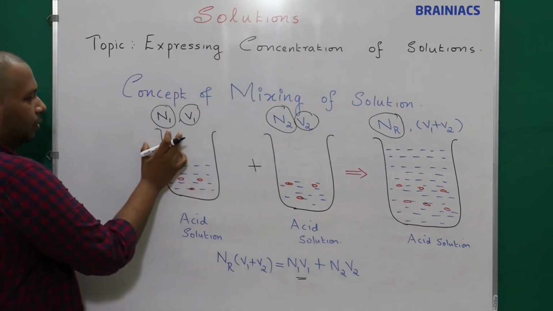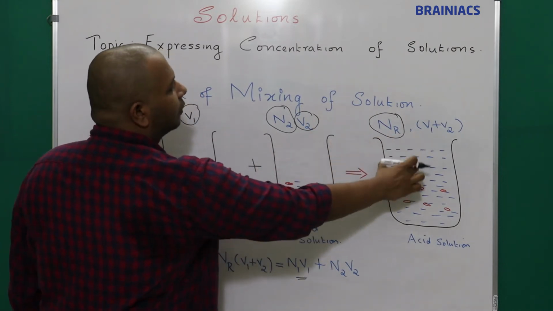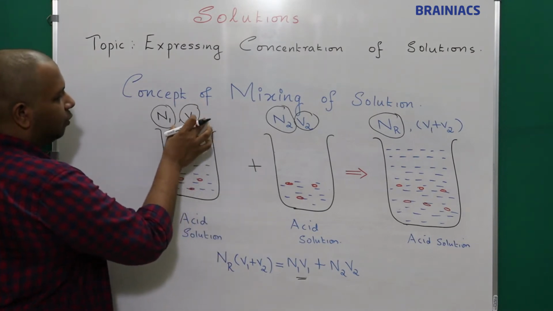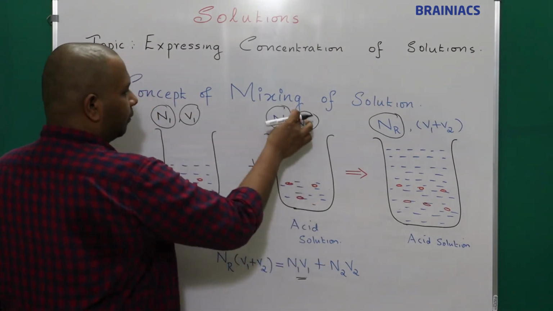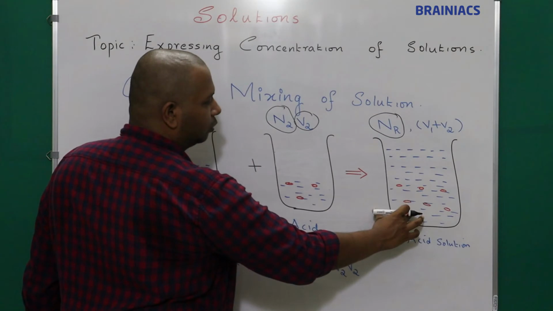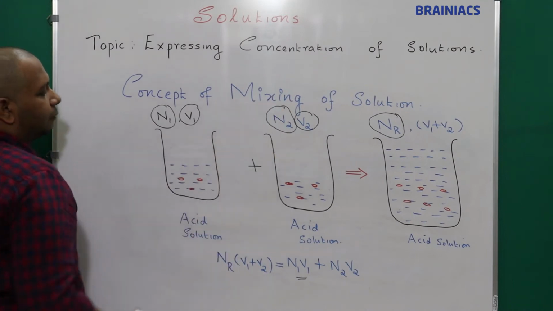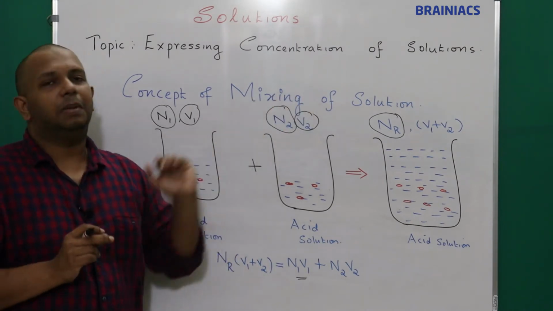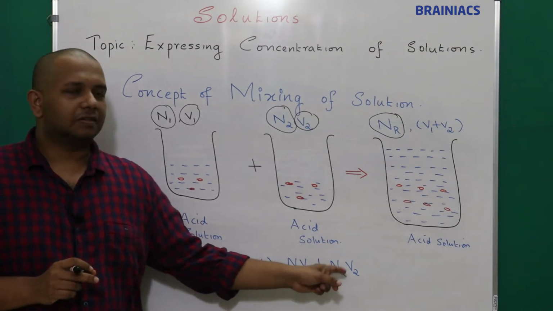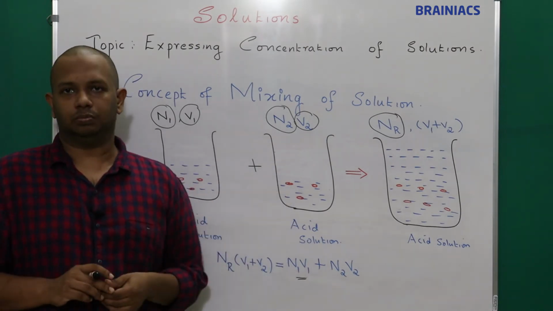That is, N1 V1 plus N2 V2 is equal to NR into V1 plus V2. This is the formula you need to apply during mixing of solutions. So net normality is N1 V1 plus N2 V2 divided by V1 plus V2, taking it to the denominator.